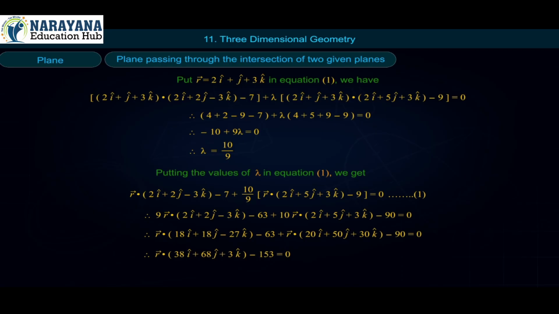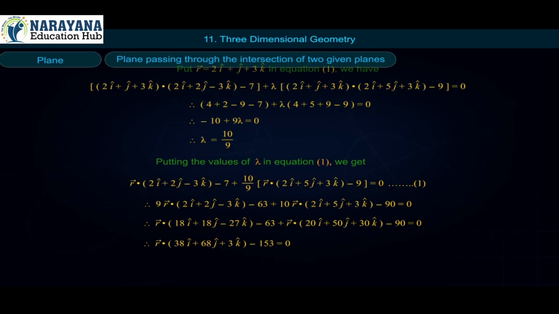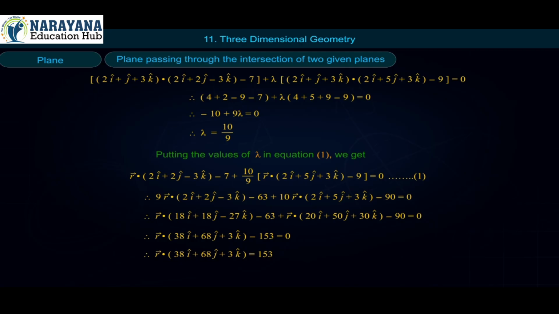Therefore, vector r dot (38i cap plus 68j cap plus 3k cap) minus 153 is equal to 0. Therefore, vector r dot (38i cap plus 68j cap plus 3k cap) is equal to 153.